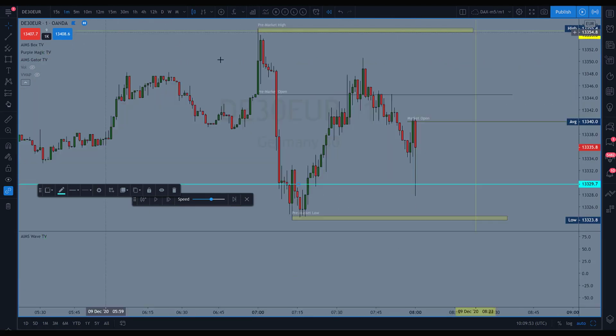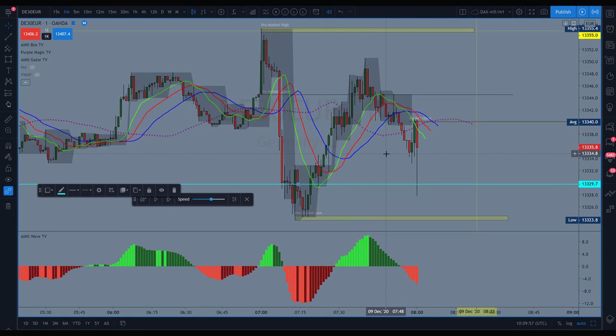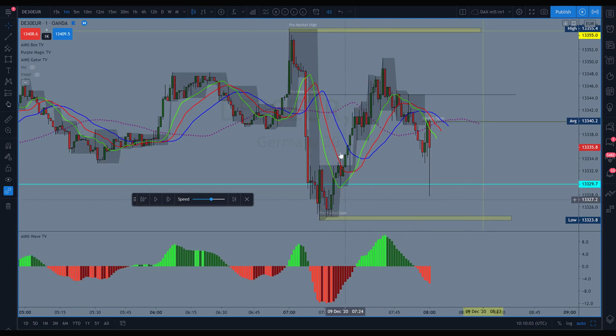But what played a more important role in this price action was not just this level, it was these box levels. As long as price was inside the pre-market range, we were arguably not in the strong volatility breakout regions.